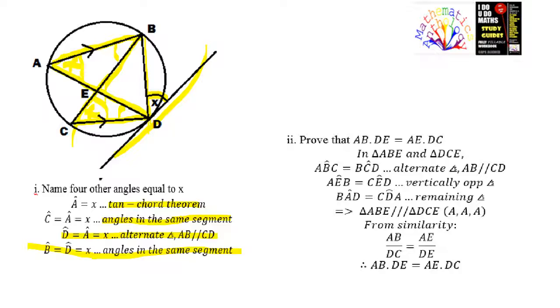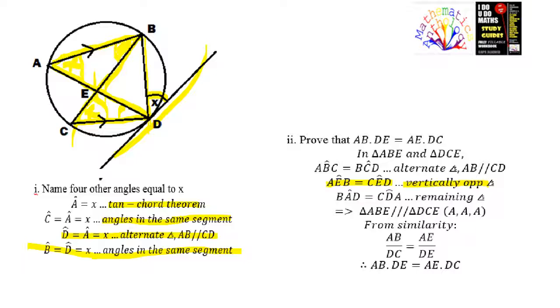I can see triangle ABE, the top triangle, and triangle DCE, the bottom triangle. I will get vertically opposite angles here at E. So AEB is equal to CED, that's vertically opposite. We also showed alternate angles before. So angle ABE is equal to angle DCE.